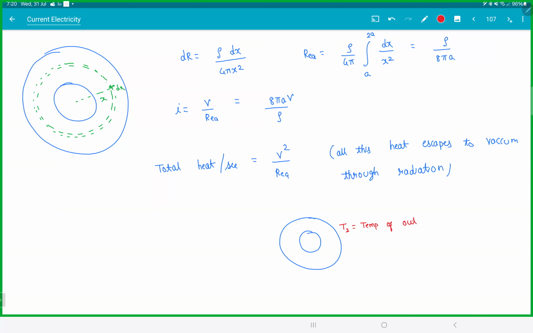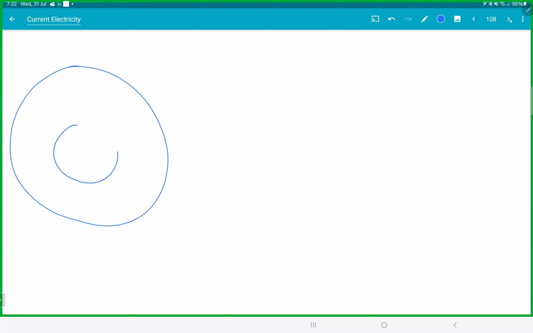Because here the problem is that the heat is not constant. See, current is constant. Heat current is not constant. Look at this. When you took this region up to X, this dx, this is what is happening.